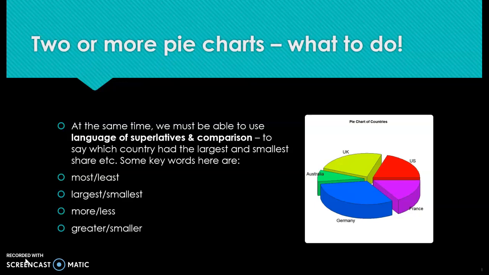So you could look at this one here and you could say the proportion of Australians who liked apples, I don't know what this image is, was smaller than the proportion of Germans. And you could say the Germans and the UK were the countries where most people enjoyed eating apples.